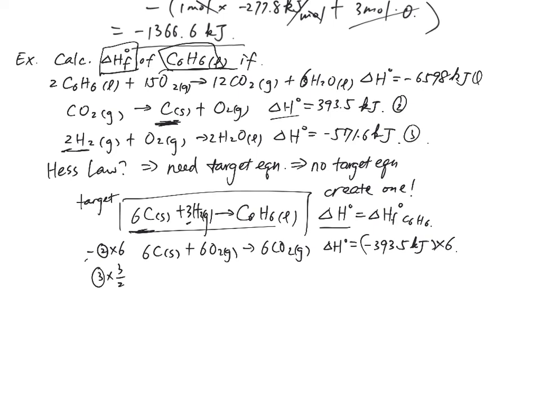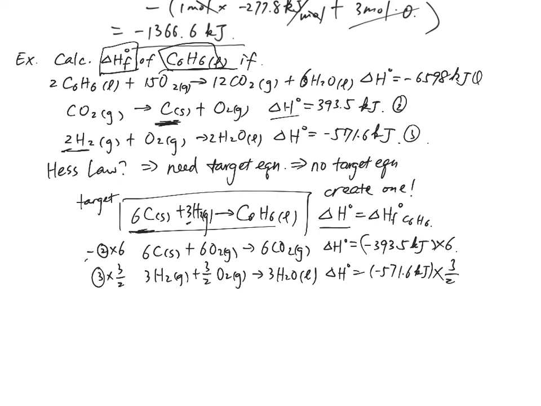So the 2 would cancel and turn into 3, so it's going to give me 3 H2 gas, 3/2 of oxygen gas, and 3 water liquid. Delta H standard now, of course, is negative 571.6 kilojoules times 3/2.